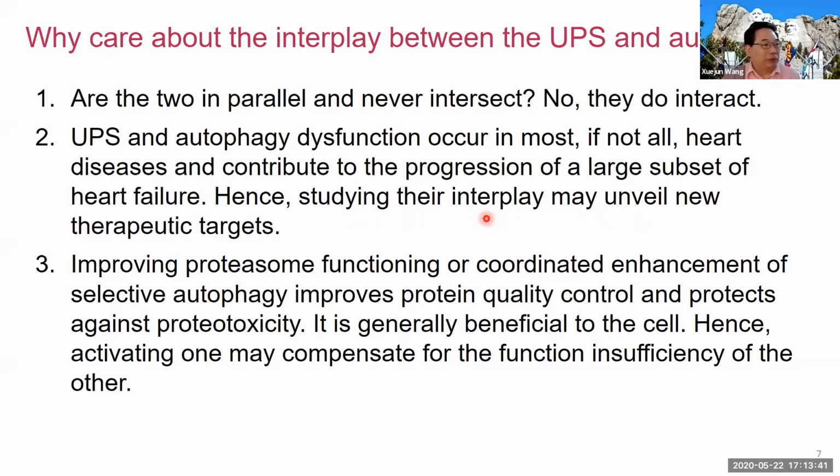Meanwhile, improving proteasome functioning or coordinated enhancement of selective autophagy can improve protein quality control and protect against proteotoxicity, and is generally beneficial to the cells. So activating one of them may compensate for the functional insufficiency of the other. Let's see if that turns out to be the case or not.